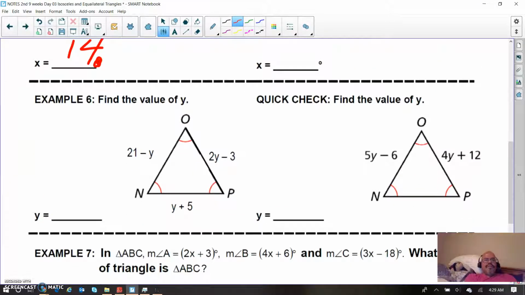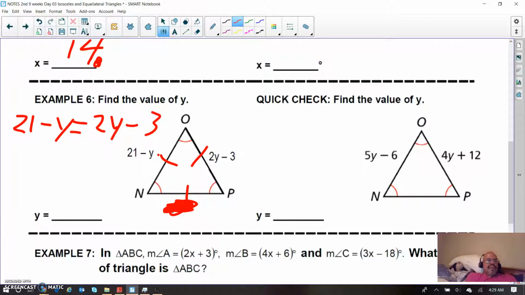Right here we have to choose which side is congruent, because they made a mistake. One of these should not be here. Since we know that all the angles are congruent, we know that all the sides are congruent. So we have 21 minus y is equal to 2y minus 3. We add y to both sides, so we end up with 3y.